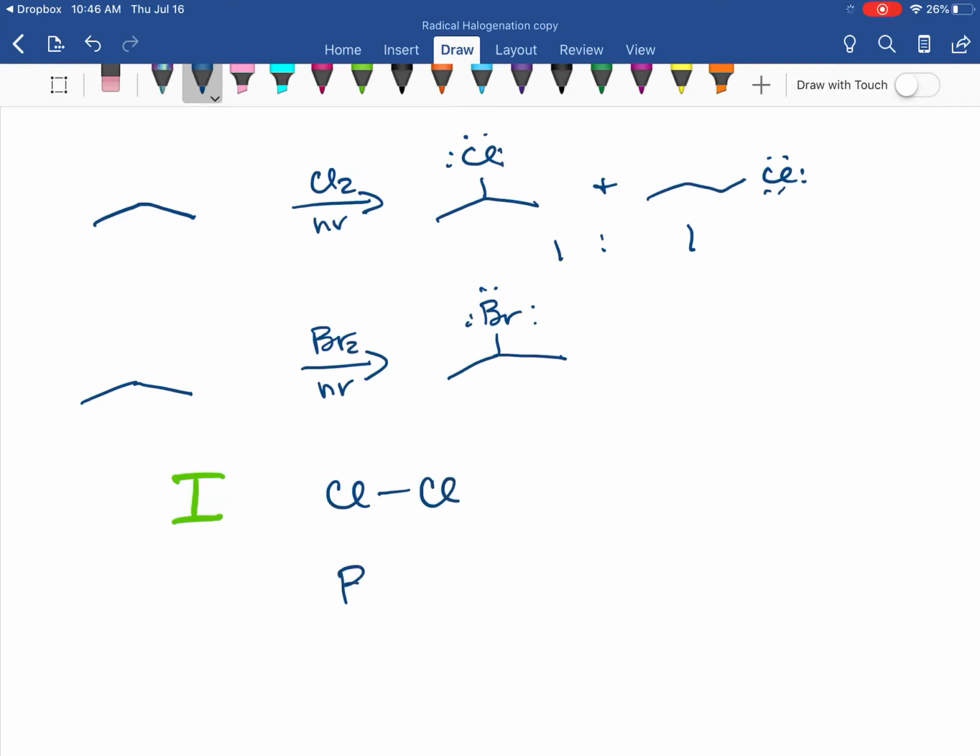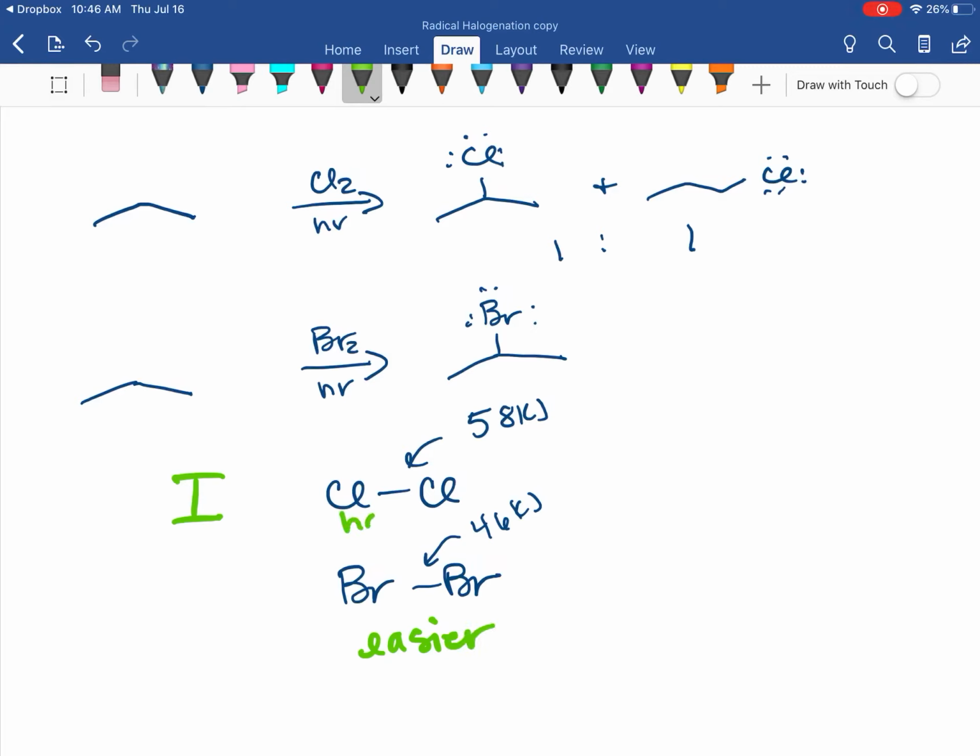First of all, let's look at our initiation step. With our chlorine, that first initiation step, let's compare it. That's their first difference, right? You're initiating using a different element. So our chlorine-chlorine bond is worth 58 kilojoules. Our bromine-bromine bond is worth 46 kilojoules.